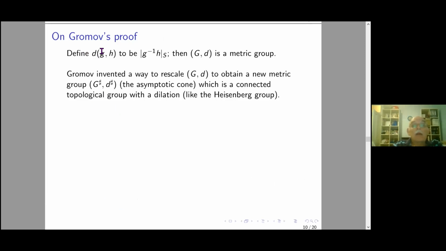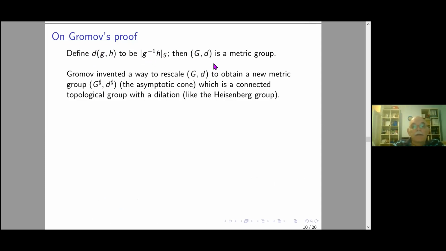I define the distance between two points of the group to be the length of g^{-1}h. And when I do that, then the group with this distance is an example of a metric group, that is to say, a group that's also a metric space, and the metric has some nice invariance properties.